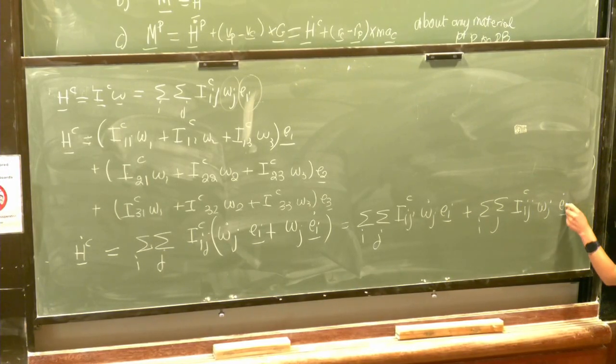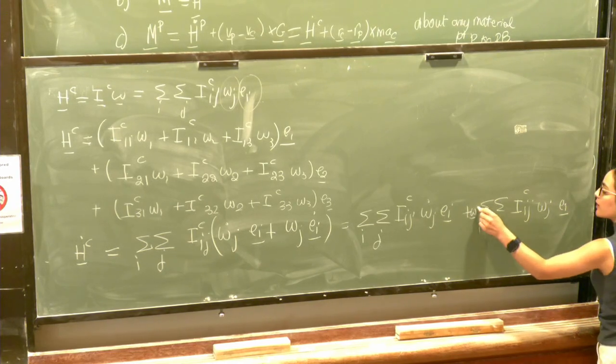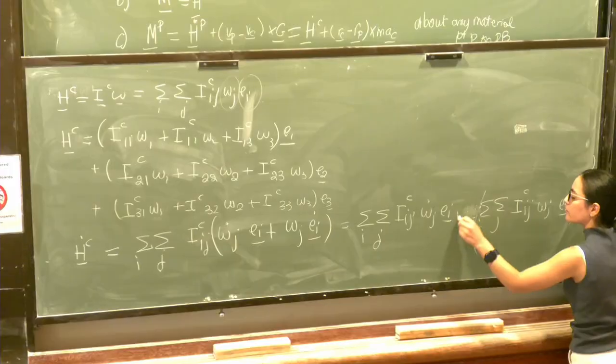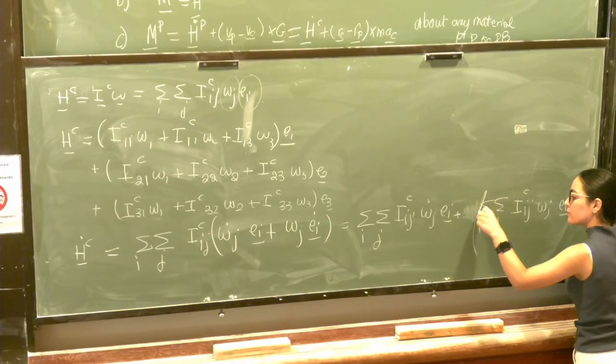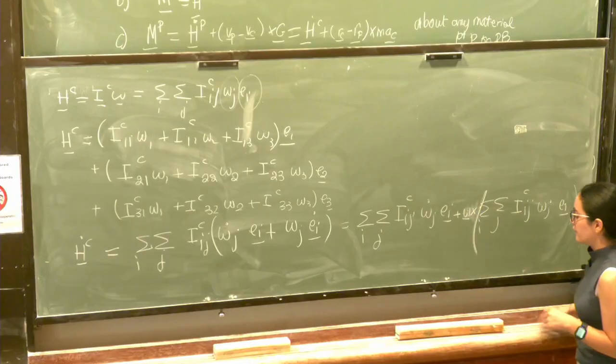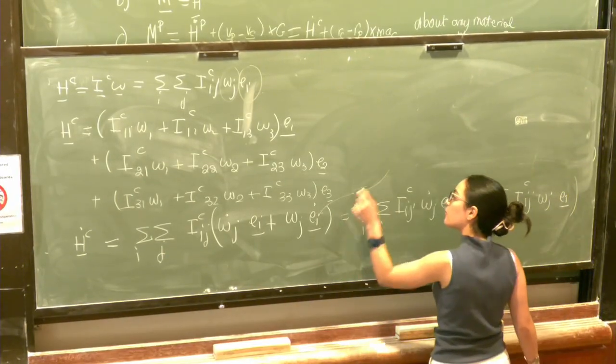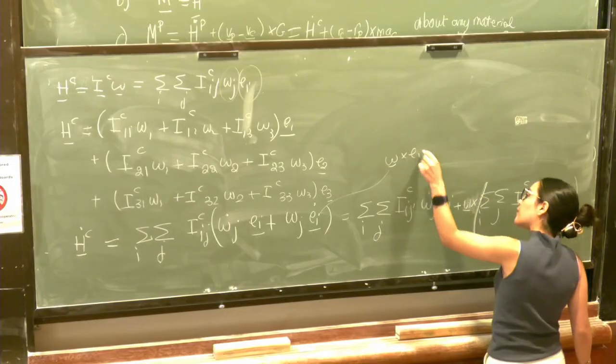How do I take the derivative of a corotational basis vector? Exactly, omega cross e_i. So I'm going to replace this by omega cross e_i. Right, because e_i dot is omega cross e_i.